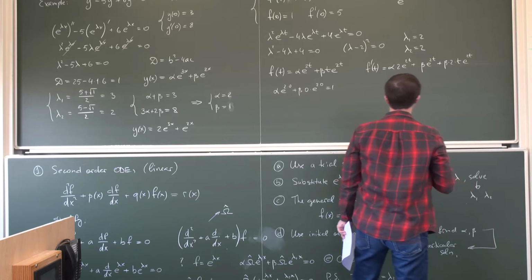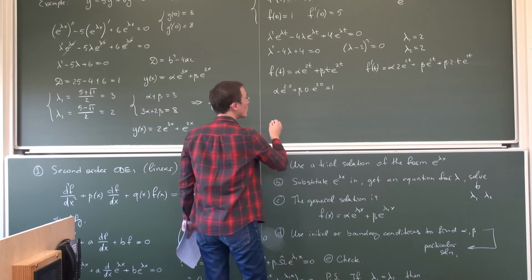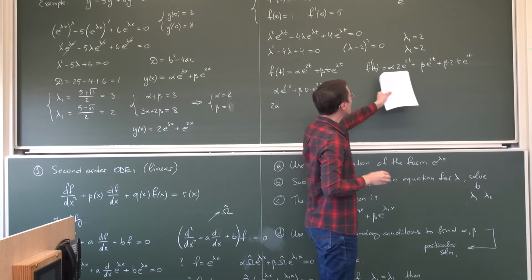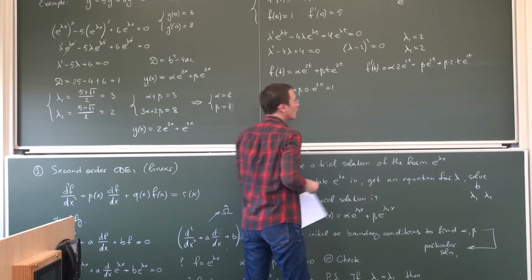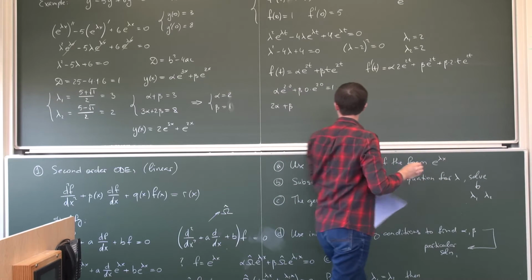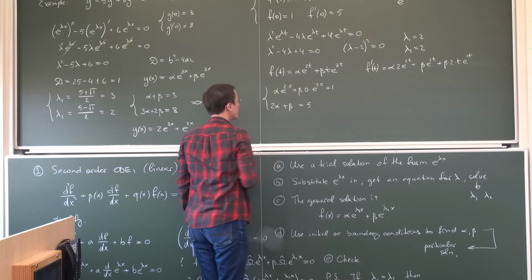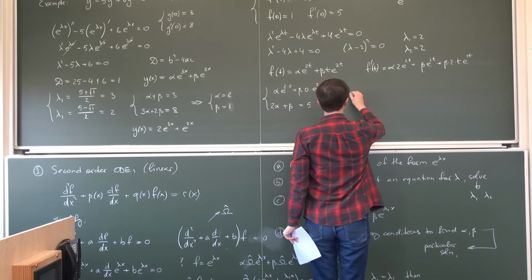And when we put t equal to 0 here, we will have 2 alpha from here plus beta and plus 0 equals 5. Now, this is nice because alpha is equal to 1. That's immediately clear.